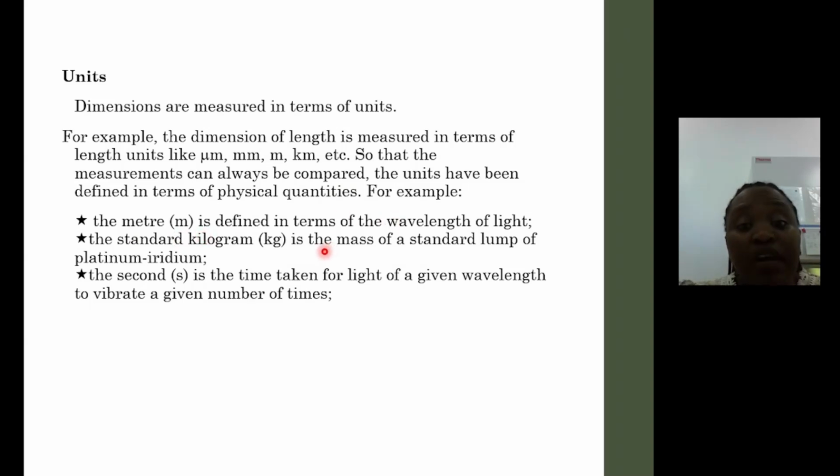A standard kilogram has also been described as the mass of a standard lump of platinum iridium. Then the second in time is the time taken for light of a given wavelength to vibrate a given number of times.